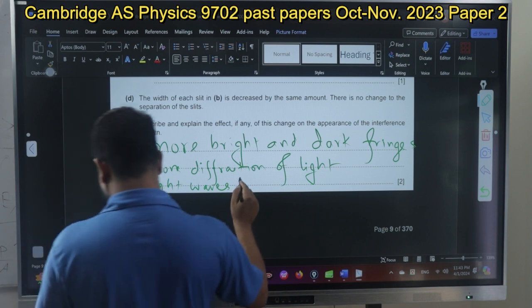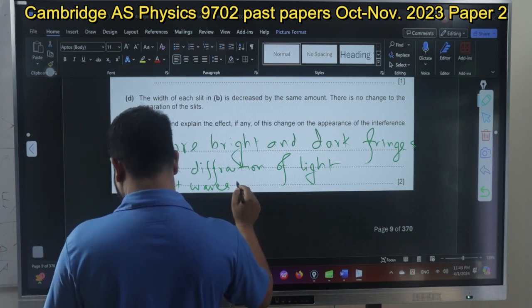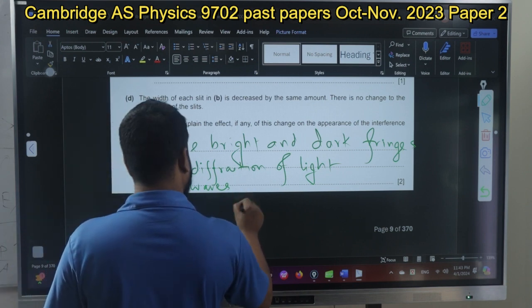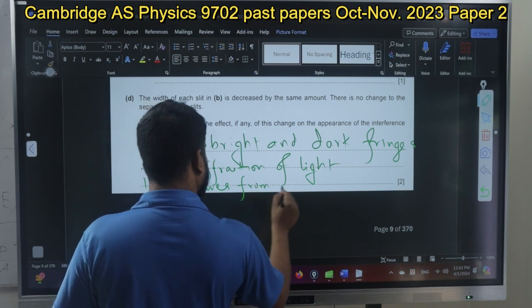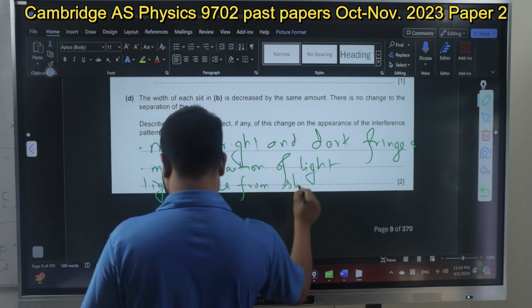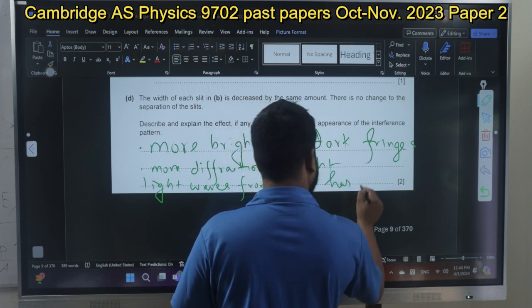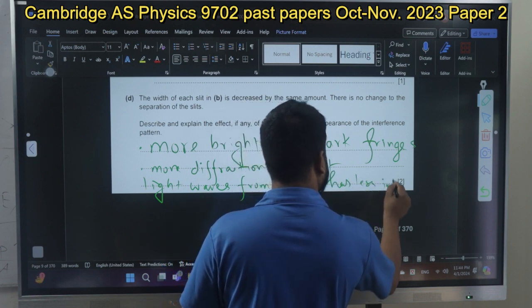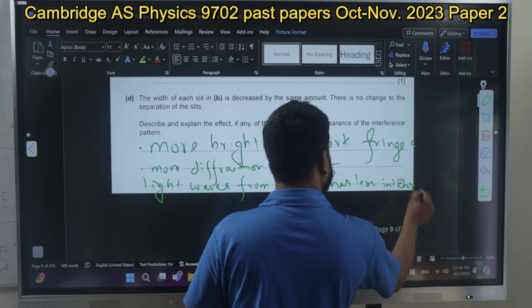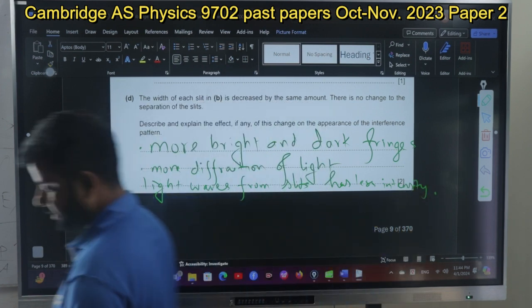Waves from the slit have less intensity. Less intensity.